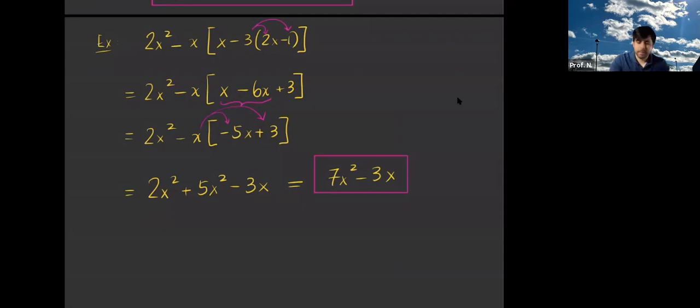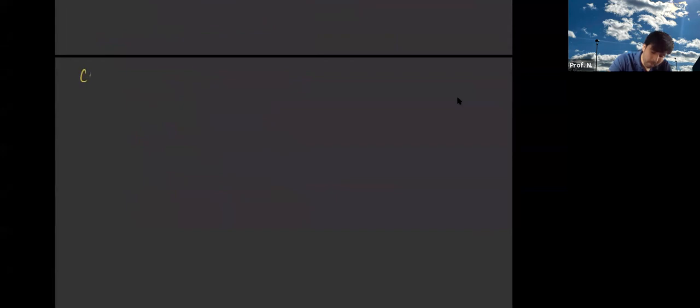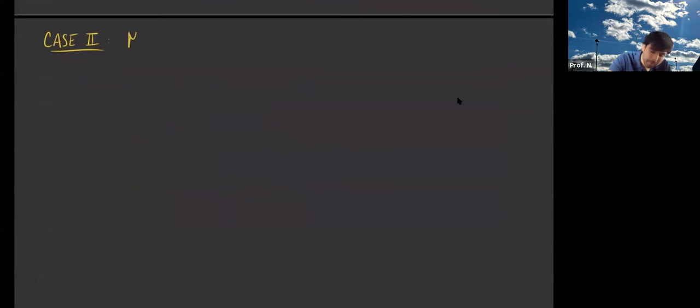So we're good with that. Okay, so that's the first case. Now the second case, case number 2. Case number 2 is when we multiply binomials. Multiply 2 binomials.